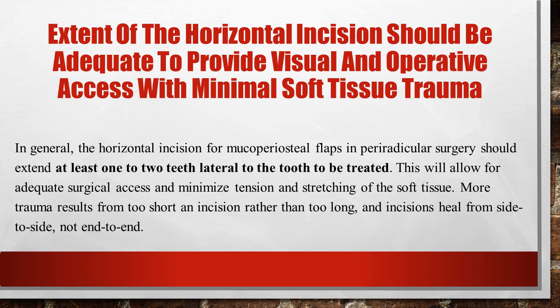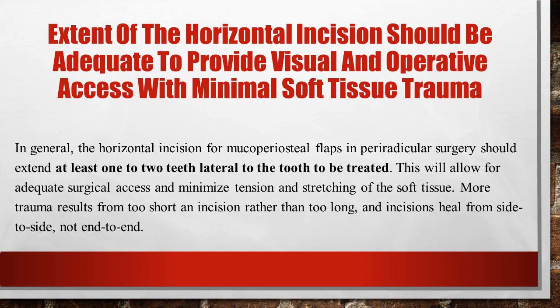Okay. The extent of the horizontal incision should be adequate to provide visual and operative access. This is what I was talking about. So let us assume your maxillary right lateral incisor is the tooth of interest. Okay, so you have a periapical lesion for the maxillary right lateral incisor. So your extent of your flap should be at least the distal side.